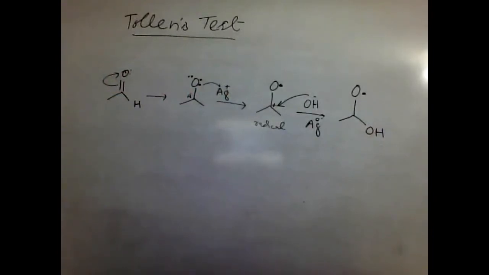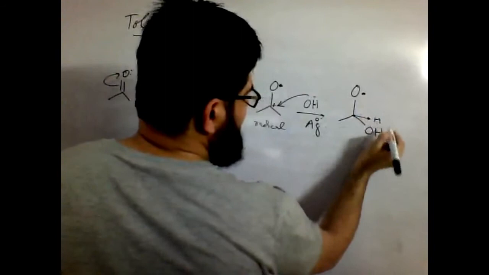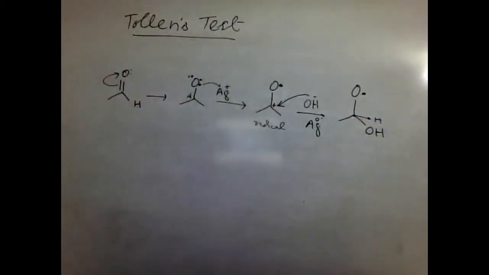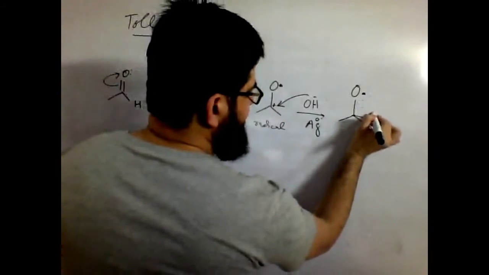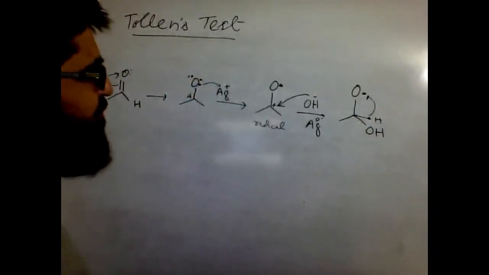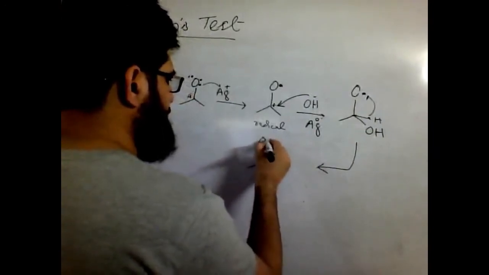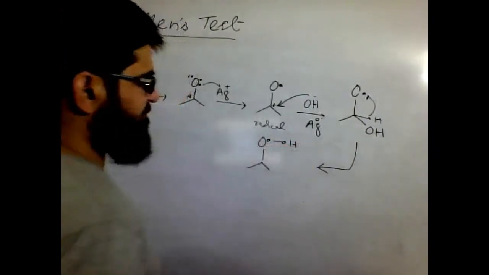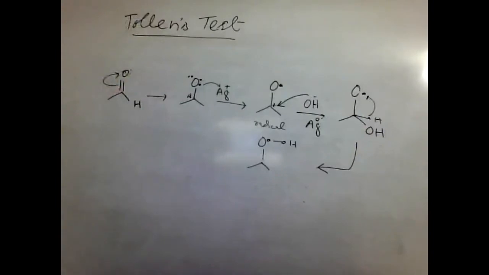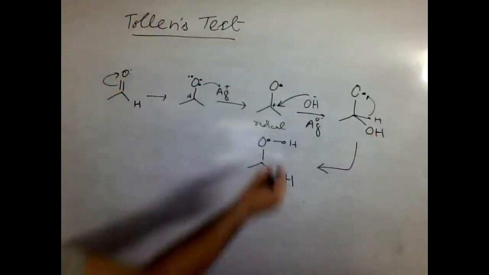Look at this, this is how it happens. Then what happens? There is one proton from the aldehyde, that is on the carbon. This moves from here to here with one of its electrons, which is with hydrogen, to the oxygen. So it will become like this, and then we will have the hydroxyl which got already attached with this one.